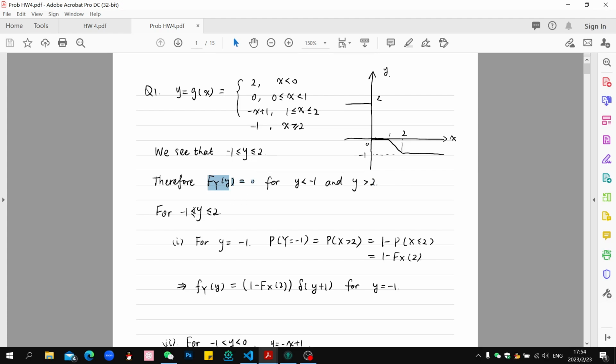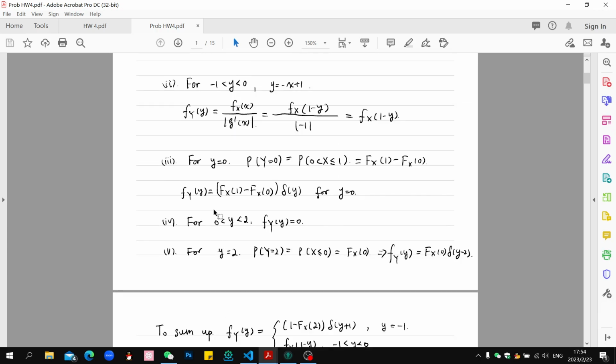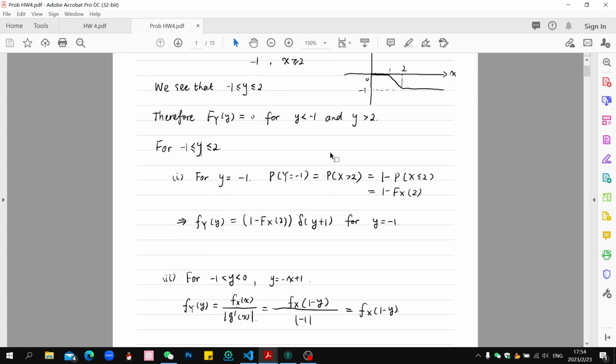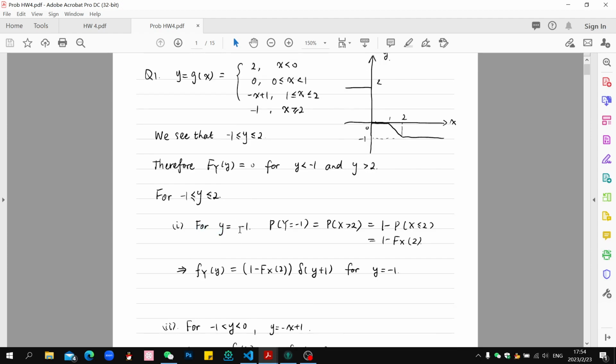And for y between minus 1 and 2, we can discuss it separately. For y equals minus 1, we can find the probability. P(y equals minus 1) is the probability of x larger than 2.